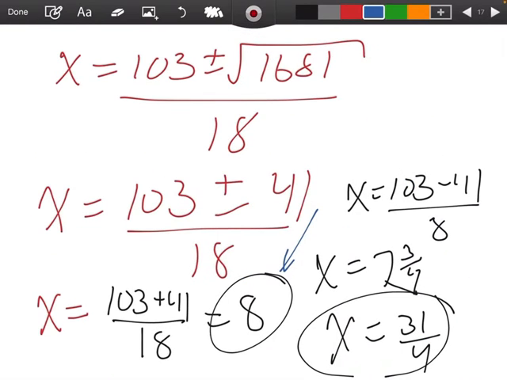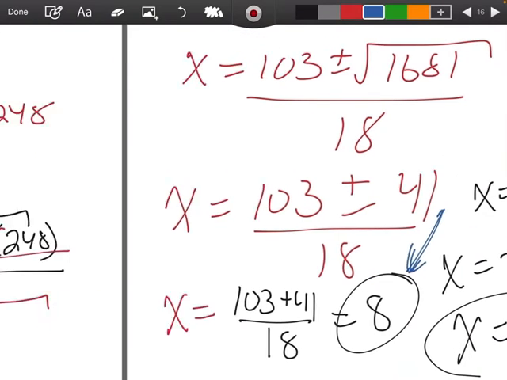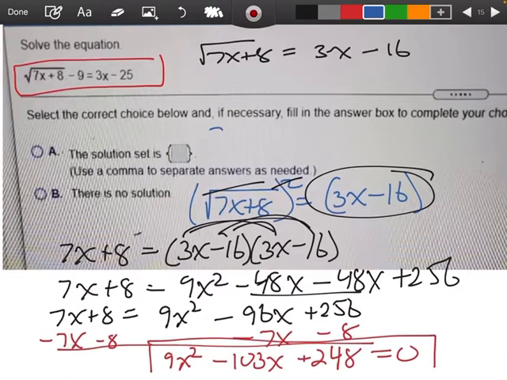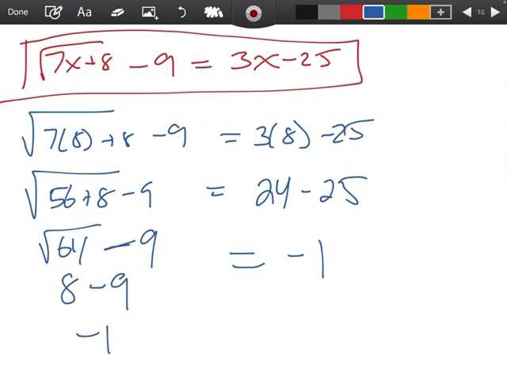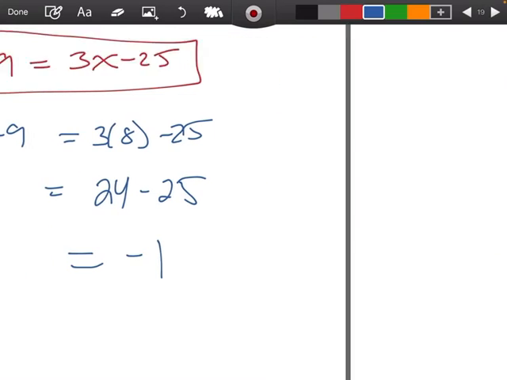So what I'm going to do is I'm going to come back over here. So far, I know 8's going to work, right? What we've got to do now is take the same problem, the square root of 7x plus 8, minus 9 equals 3x minus 25.